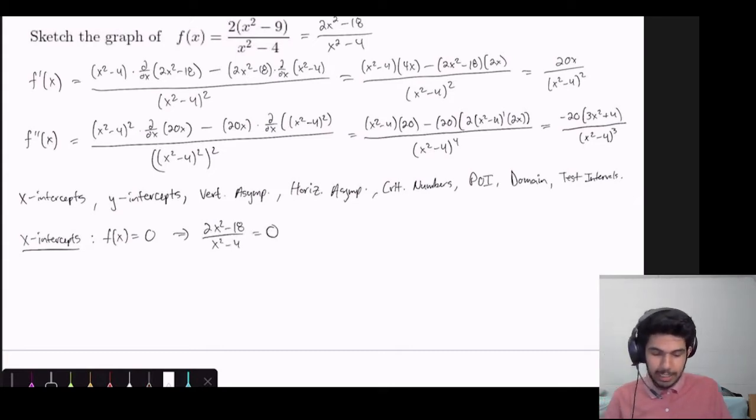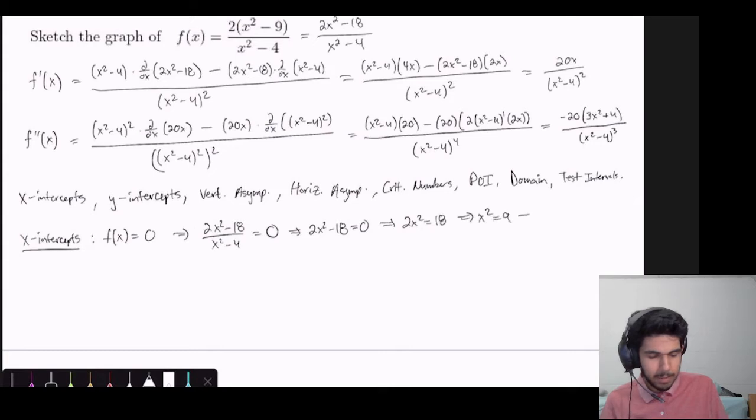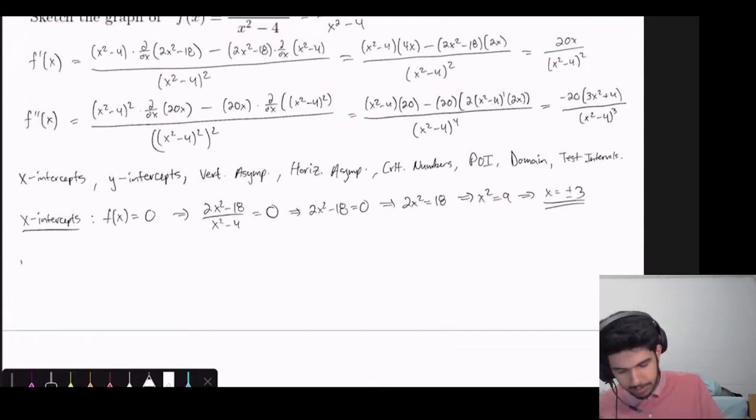So in order for that to happen, our numerator has to equal 0. So this implies 2x squared minus 18 equals 0. That tells us 2x squared equals 18. X squared equals 9. So x equals plus or minus 3. Those are our x-intercepts. Okay, let's do y-intercepts next.